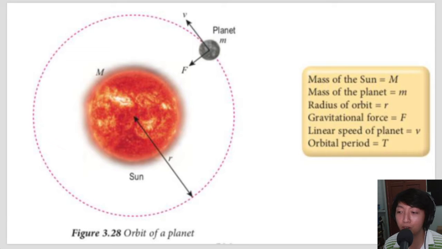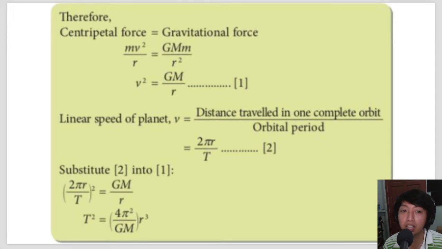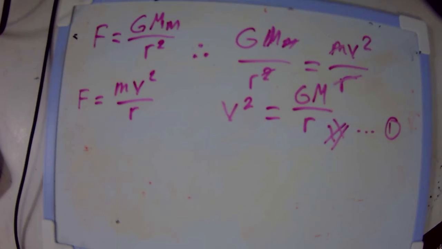We know the formula for the perimeter of a circle is 2πr, and we divide it by the orbital period, the time it takes to go around the sun. So the linear speed of the planet V equals the distance traveled in one complete orbit divided by the orbital period. Let's write that down.